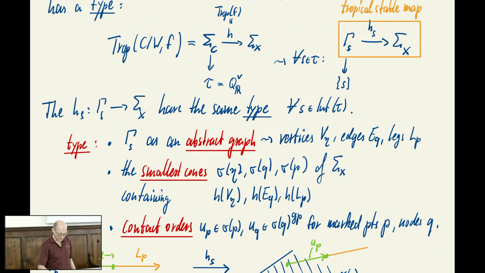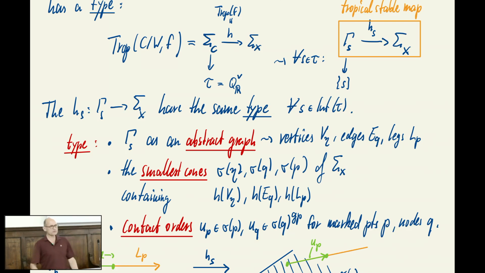Well, surely it's gamma as an abstract graph. Okay, maybe we want to take limiting situations, but let's first get the generic stuff. So whenever S is in the interior of tau, the gamma S is the same abstract graph. You can't collapse edges or whatever.